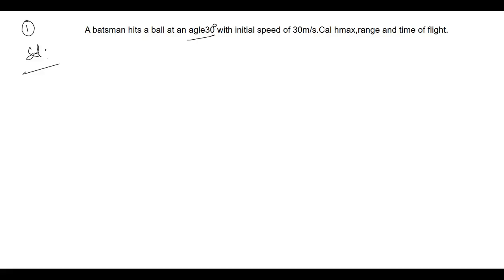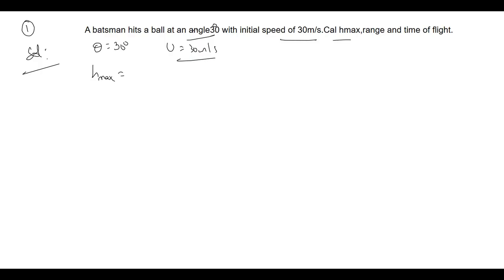Here, the given theta value is equal to 30 degrees, u value is equal to 30 meter per second. Directly you can use three formulas: H-max formula, range formula, and time of flight formula, and you can solve.